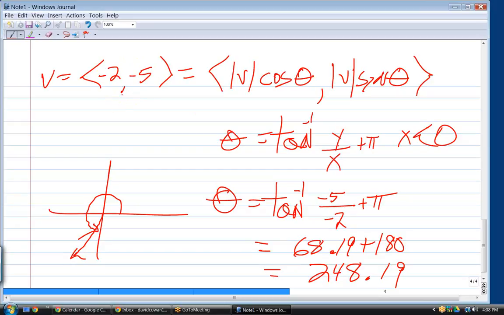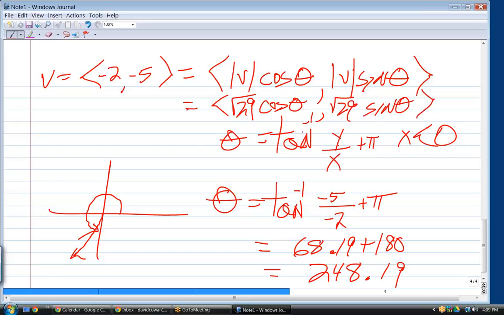What's the magnitude of v? The Pythagorean theorem. What is it precisely? What's the magnitude of v? So that'd be 4 plus 25, square root of 29. Correct. Times the cosine of theta, square root of 29 times the sine of theta.